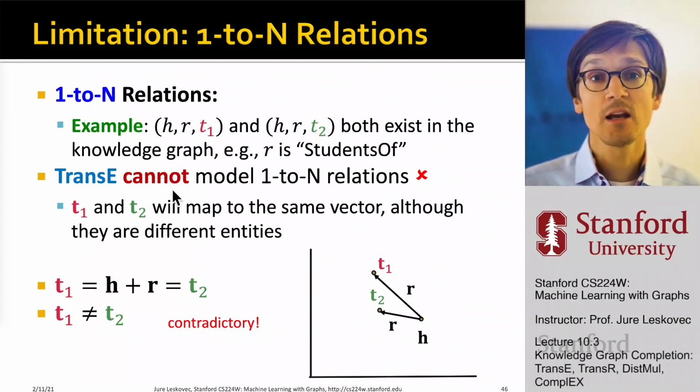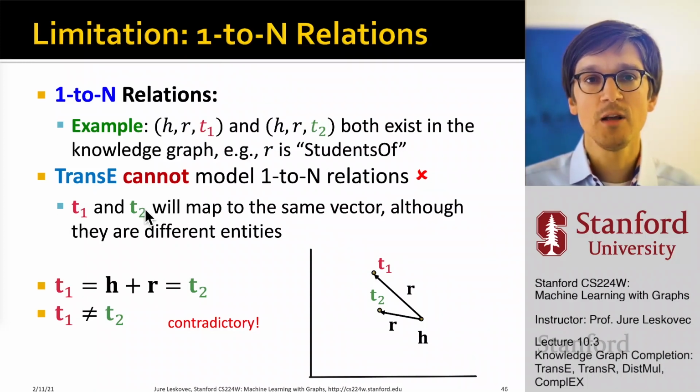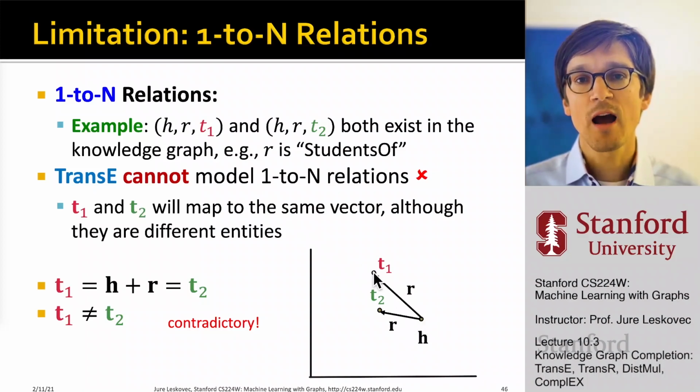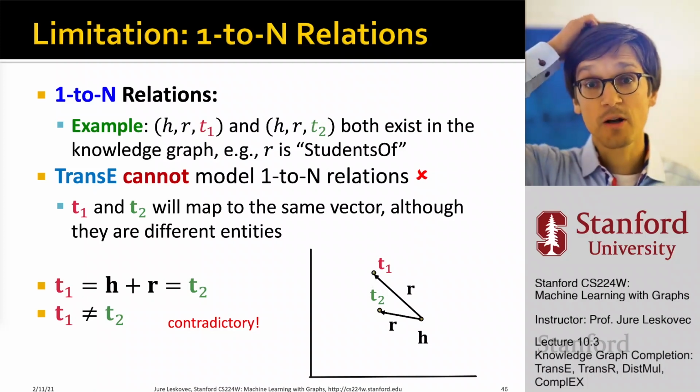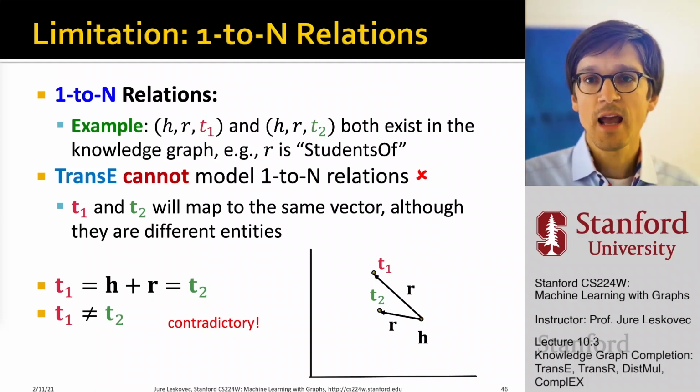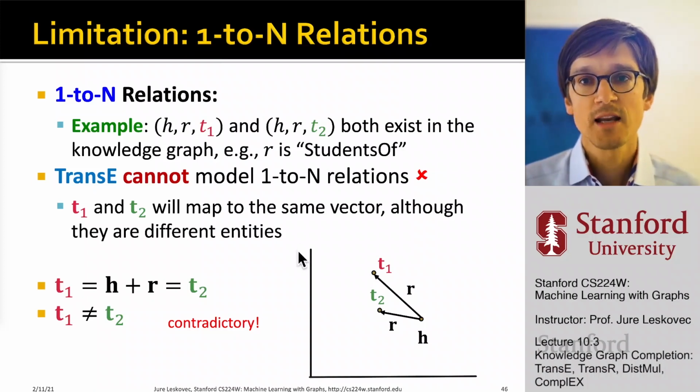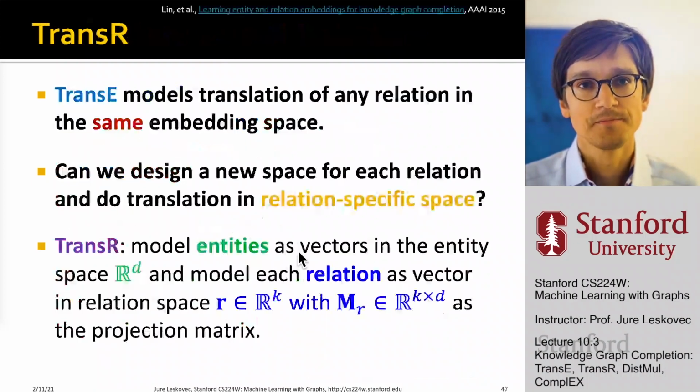And again, TransE cannot model this type of relation because the only way for this to work would be that T1 and T2 map into the same vector, the same point in the embedding space, so that when you go from H according to R, you arrive at the same point. But this is not good because it would mean that T1 and T2 are embedded in the same point, so they are indistinguishable from one another. But in reality, T1 and T2 are completely different entities. So this is what TransE cannot model.